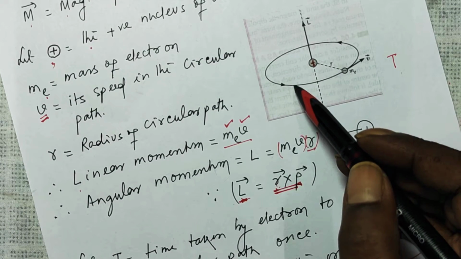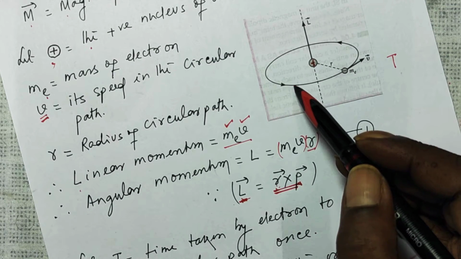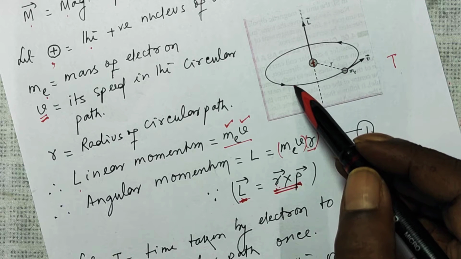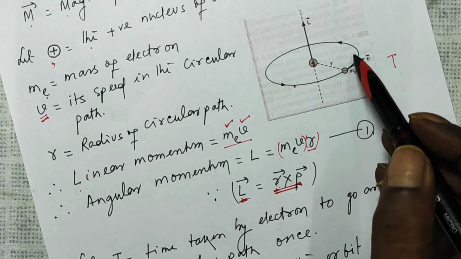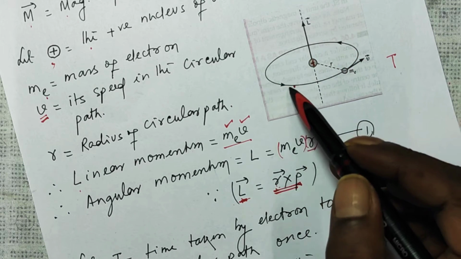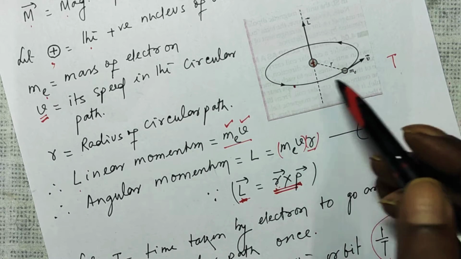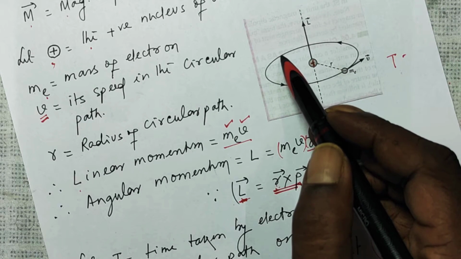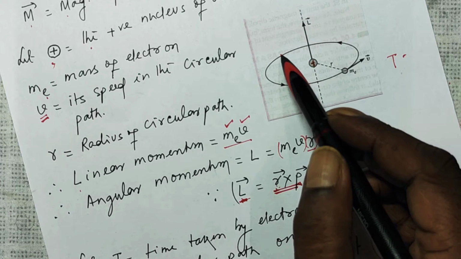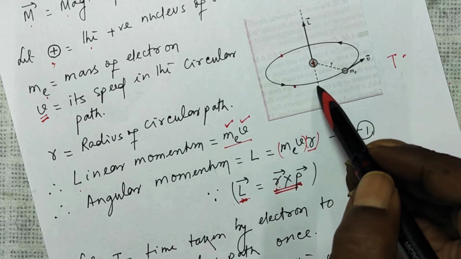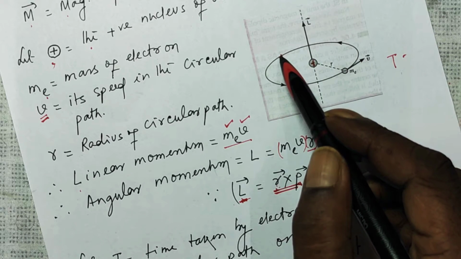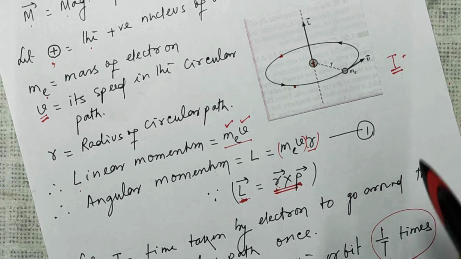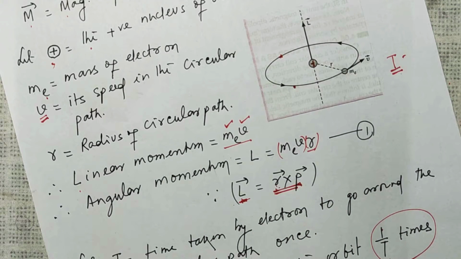Means if you start from here, if you start counting the time from this point, then to travel from this point along this path and come back to the same point will be time T. If you start from this point, going along the circular path to arrive at this point, it will require the same time because the speed is constant.